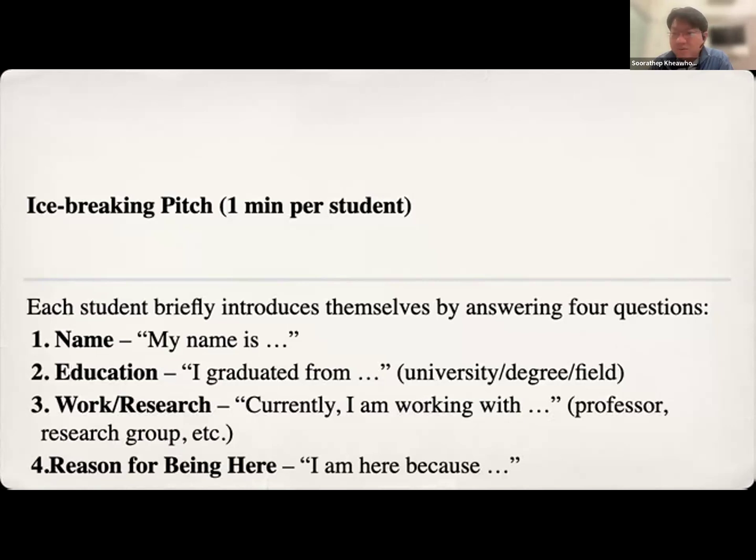Currently I'm working in the Department of Chemical Engineering here at Chulalongkorn University, focusing on energy storage systems, in particular battery systems. I'm here because I want to share with you how optimization can be applied to chemical engineering problems from theory to practice, and to help you develop tools that can be useful in your research and careers.